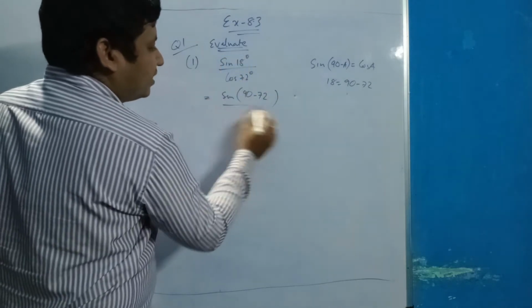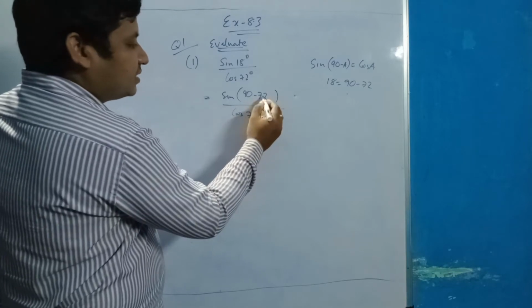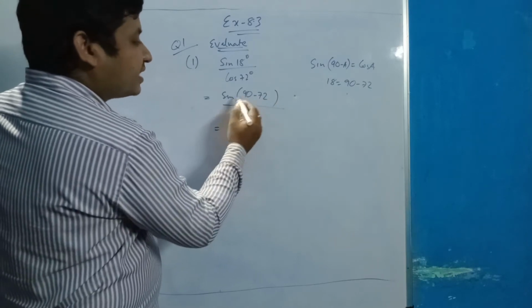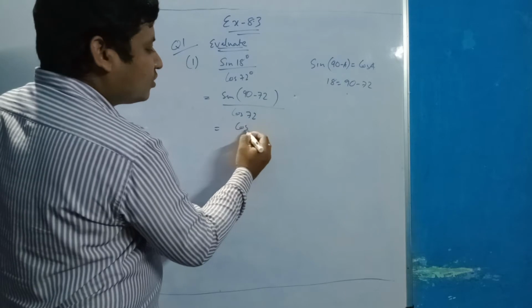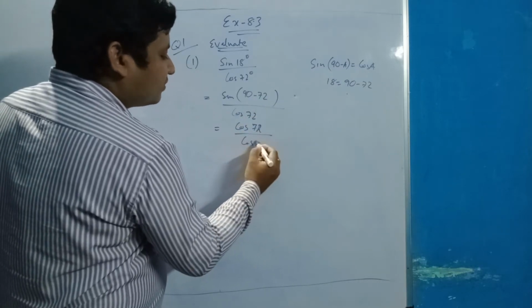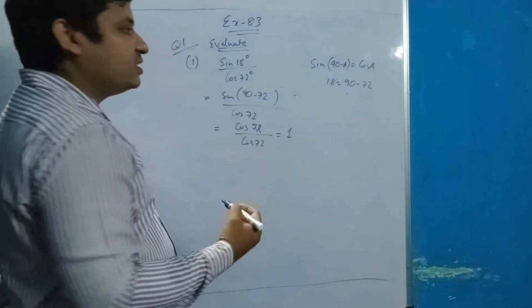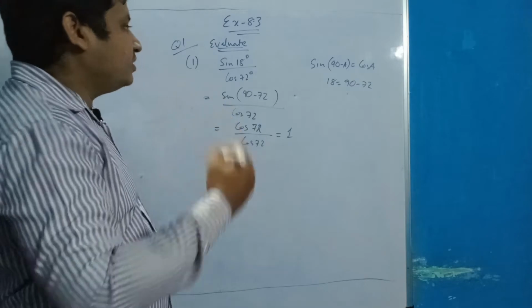Cos 72, leave it like this. Sin(90 minus A) equals cos A, so it becomes cos 72 by cos 72. It cancels, and only 1 remains. This is how it can be solved.